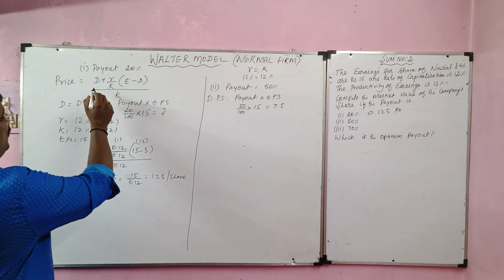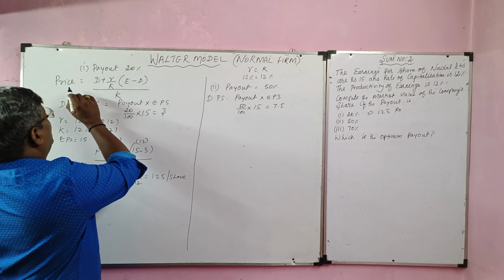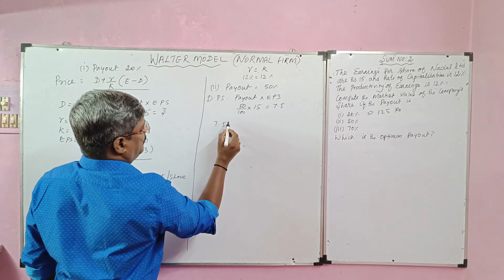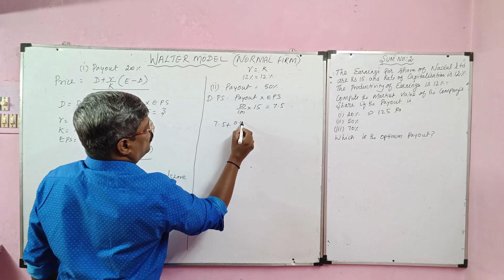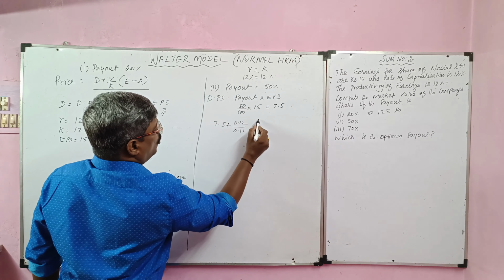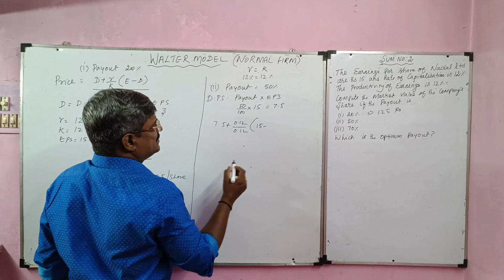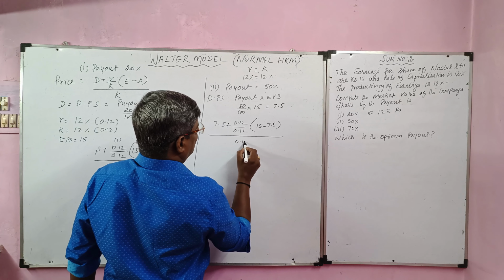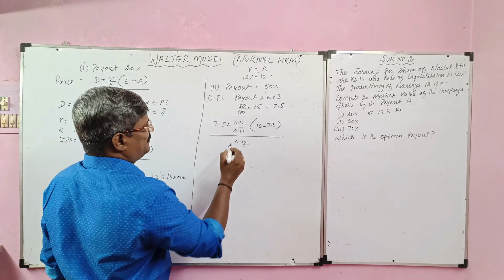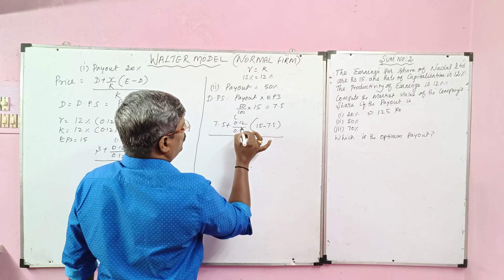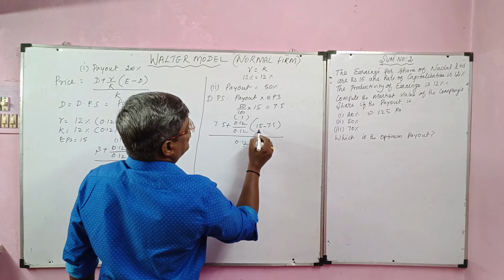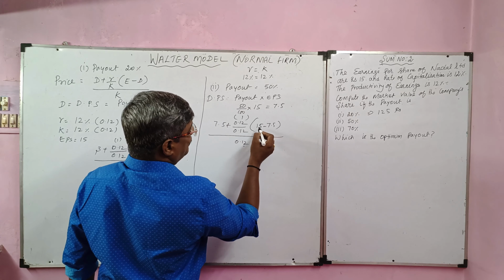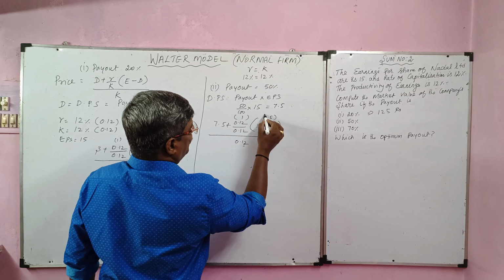Now we can apply the formula. The price of equity share under Walter model, the formula D 7.5 plus R 0.12, K we know 0.12. Open the bracket, EPS 15 minus dividend 7.5, divided by cost of capital. First, as I said earlier, we have to divide. We'll get 0.12 divided by 0.12, we'll get 1. Then deduct 7.5 from 15. We have to deduct dividend from the EPS, we'll get 7.5.